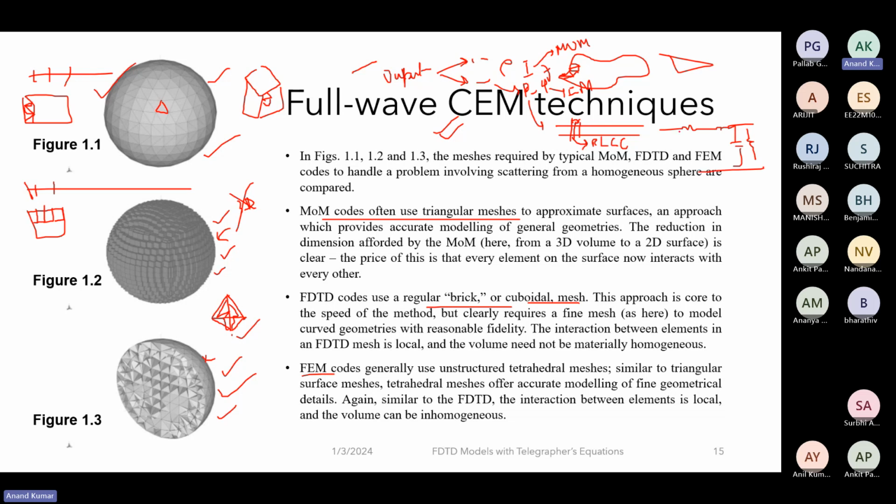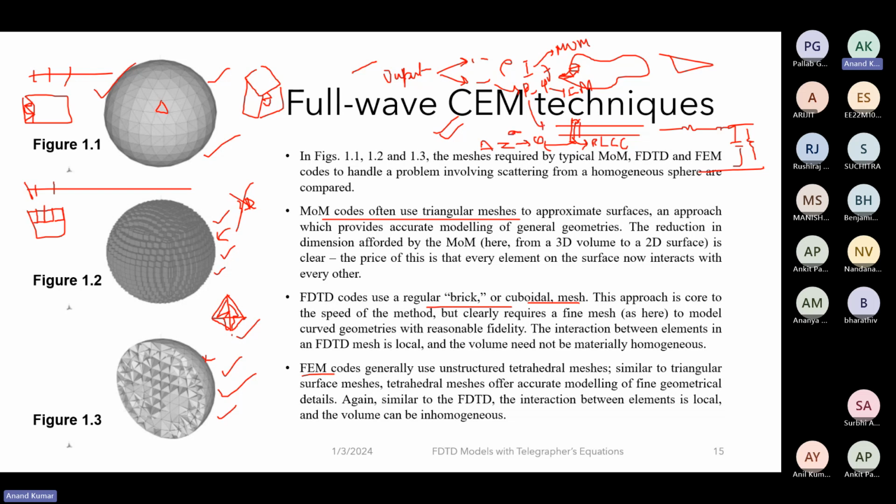So I asked around, and the best answer I could get was, since this unit cell is very small, as this delta z tends to 0, the effects of this coupling will be negligible.